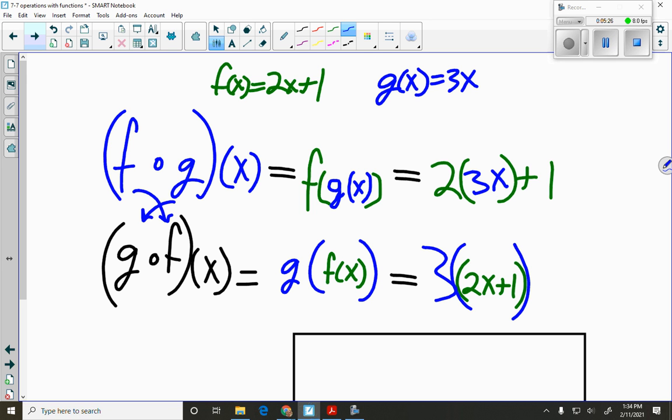I'm going to take this 2x plus 1 and put it inside the 3x and then simplify after that. So that is the FOG or GOF function of x.